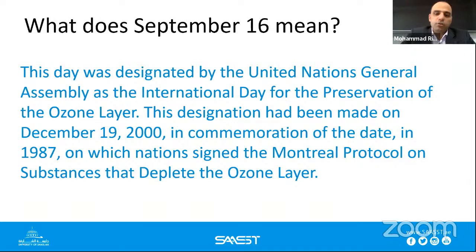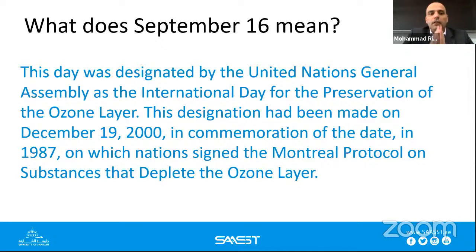Okay, so today is the 16th of September. Every year on this same day, it is the day of the treatment or the protocol designed by the United Nations to celebrate the International Day of Preservation of the Ozone Layer.